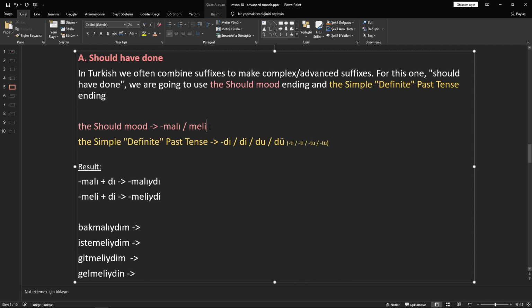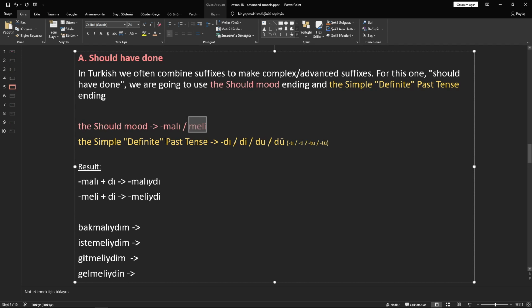So I also put the endings here. The should mood ending is malı or meli, depending on the vowel harmony, and the definite past tense. For those who don't know, in Turkish there are two different past tenses. One of them is definite, which is simply things you have seen or experienced yourself in the past, and the opposite of this, indefinite ones, are the things that you didn't witness yourself but hear from another source.